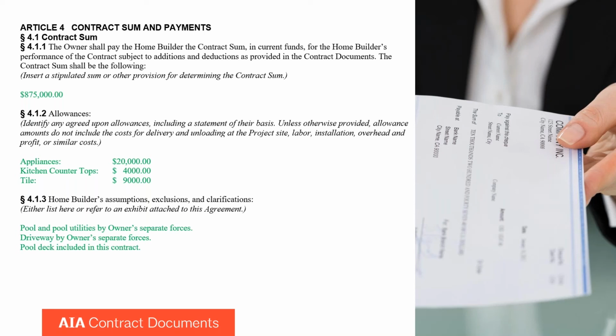The next article, 4.1.2, identifies allowances. So we may know what the cost of the project is, except for a few items that haven't been selected, for example, appliances, kitchen tops, tiles. And those allowances, as you know, are a budgetary guideline, and the owner will select the items or at least authorize pre-selected items.